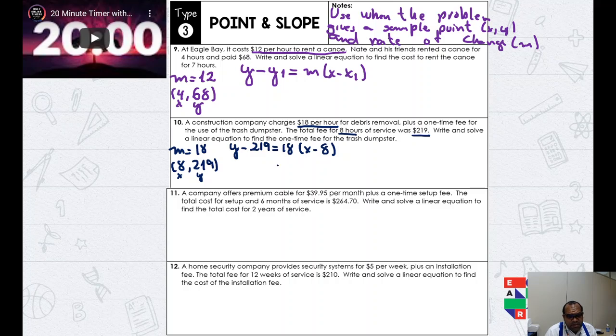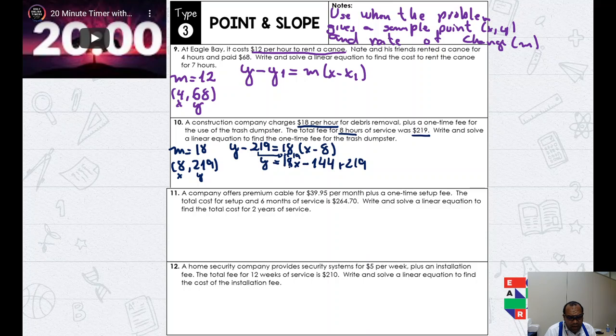Here, 18 times x is 18x. 18 times negative 8, let's solve over here. 18 times negative 8 is negative 144. Remember, guys, I will move this guy to the opposite side: positive 219.